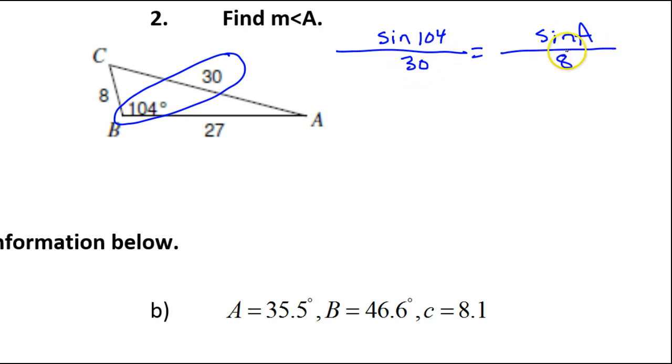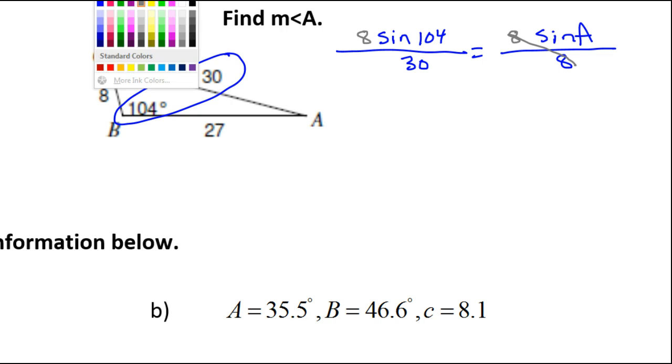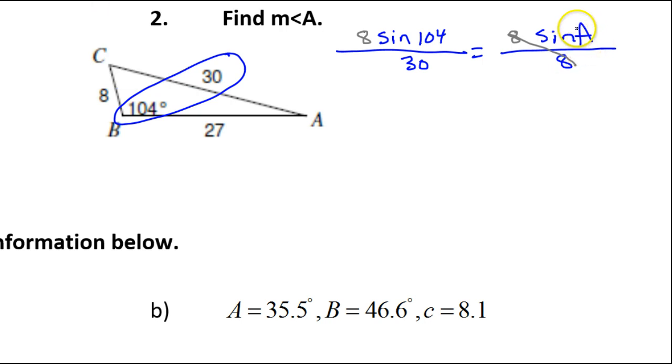Okay, so since I need to solve for angle A, I need to get the sine of A by itself. I can do that by multiplying both sides of my equation by 8. That way these 8s are going to cancel each other out. So that gives me sine of angle A. But I don't want just the sine of angle A. I want angle A itself. So I need to do the inverse sine of all of this.